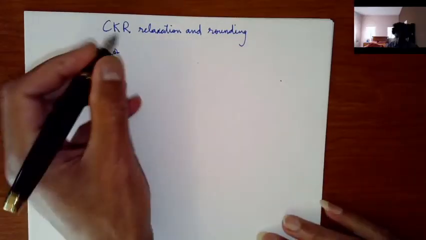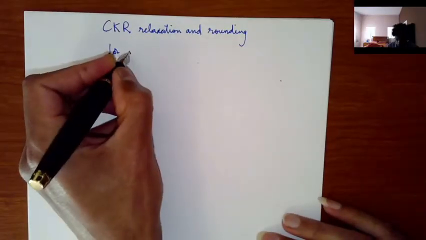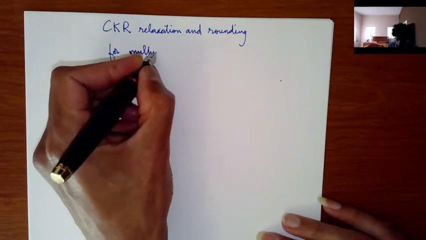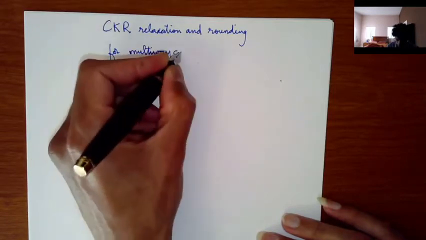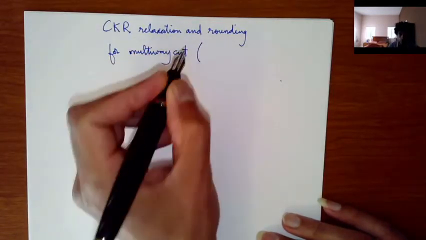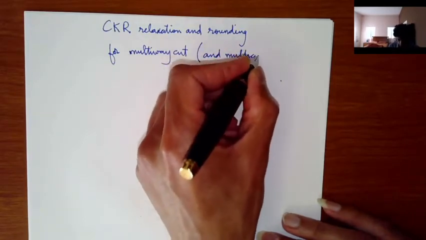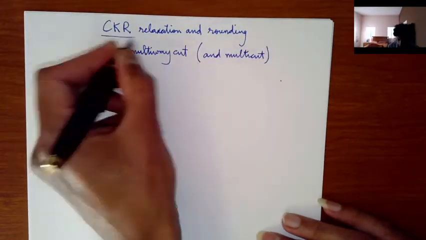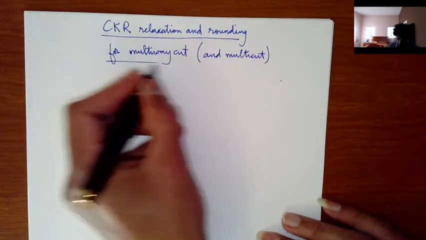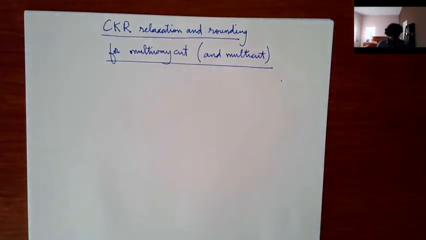So the CKR relaxation and rounding for multi-way cut. And hopefully, if we have time, I might also go into a problem called multi-cut. Okay. So what was the idea?